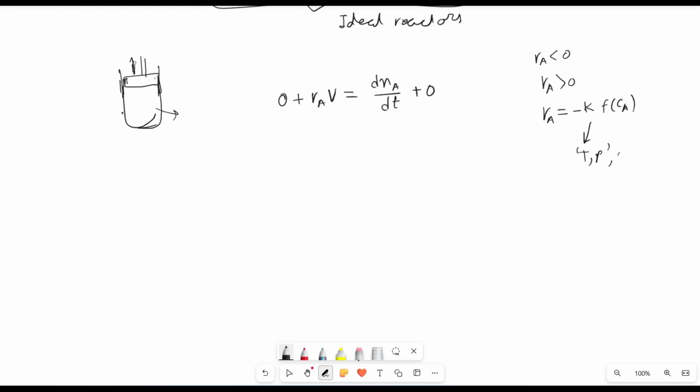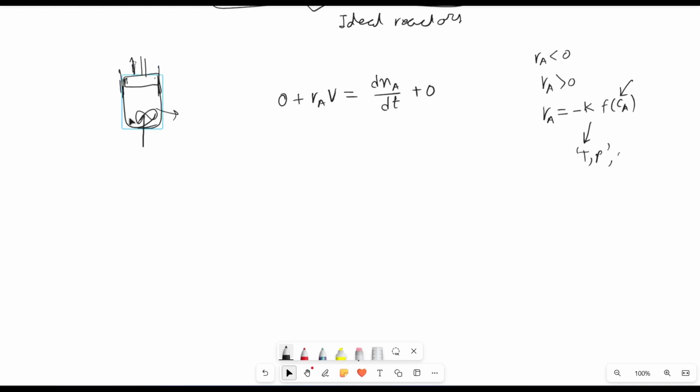Now, in batch reactors, this C_A is the concentration at each point in the batch reactor, and there will be an agitator. C_A is uniform across the batch reactor. Inside the corner here also C_A will be the same.